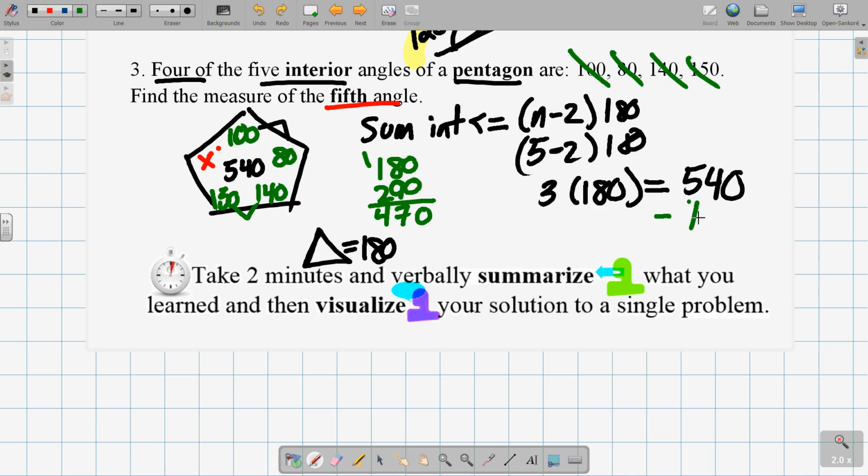So I'm going to minus 470. My last angle is 70 degrees. Check your work, folks. Write notes for things you got incorrect and what you're going to remember in the future.